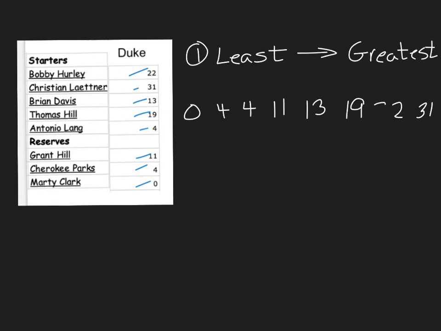Make that just a little neater. Okay, so I've got 1, 2, 3, 4, 5, 6, 7, 8 scores, which is what I should have. So we know that the first step is to find it in order from least to greatest.